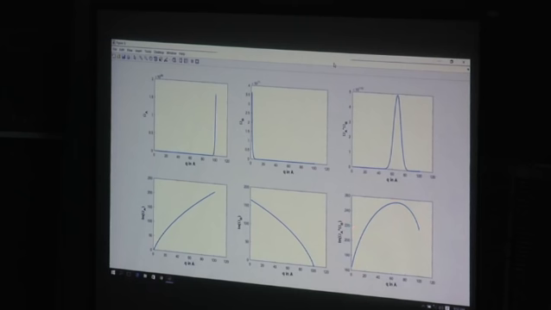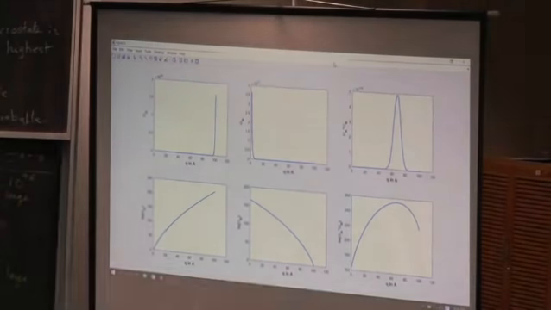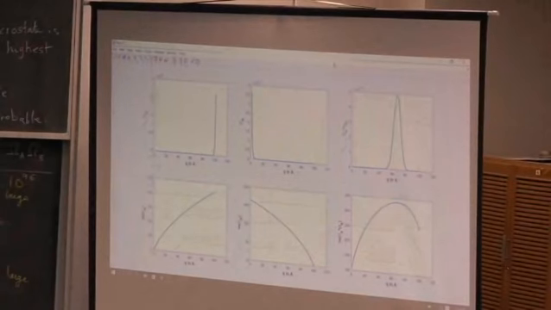All of these graphs have a certain shape, and this is where the real beauty and aesthetics of the second law of thermodynamics comes in.